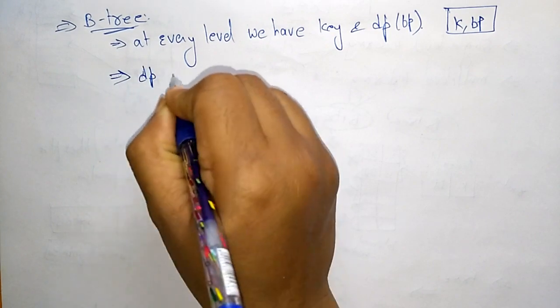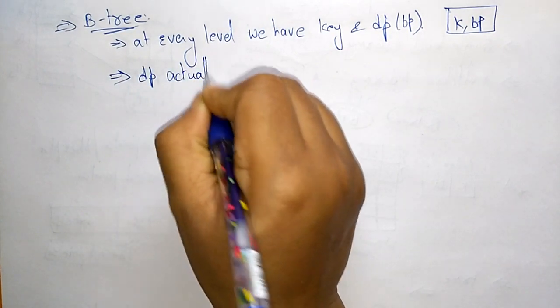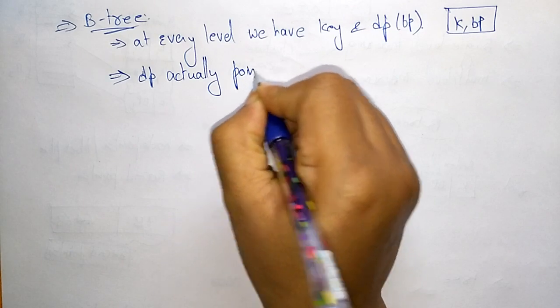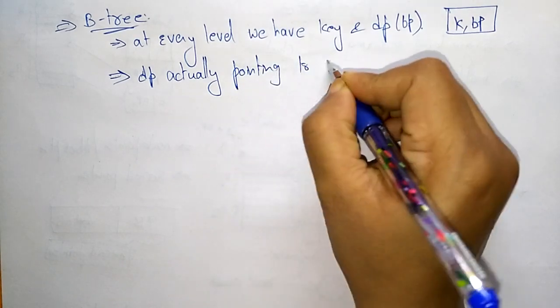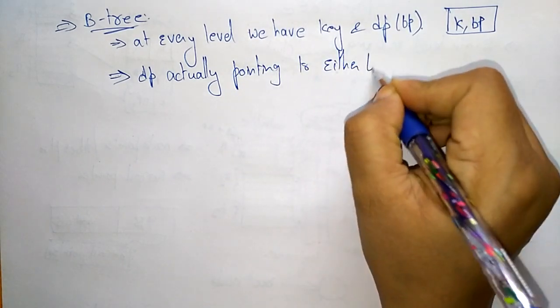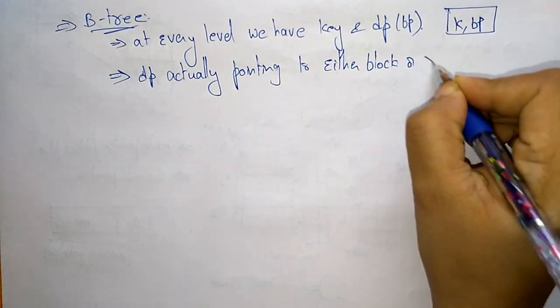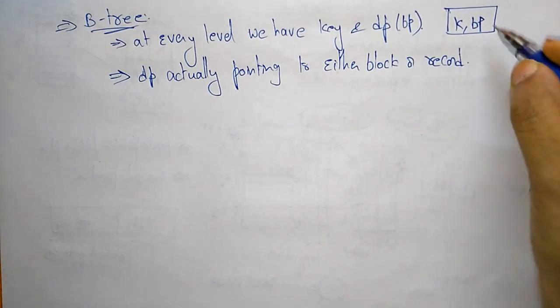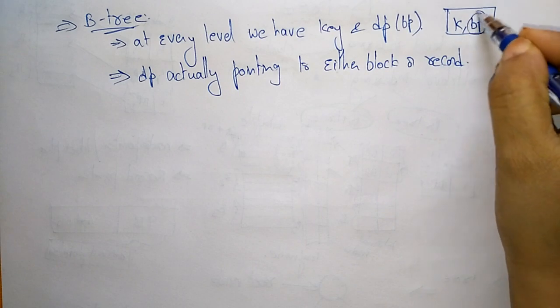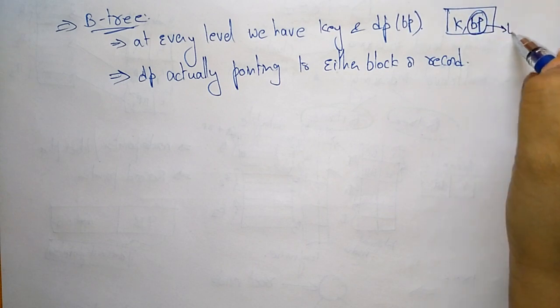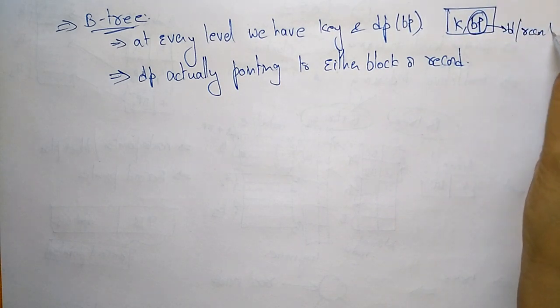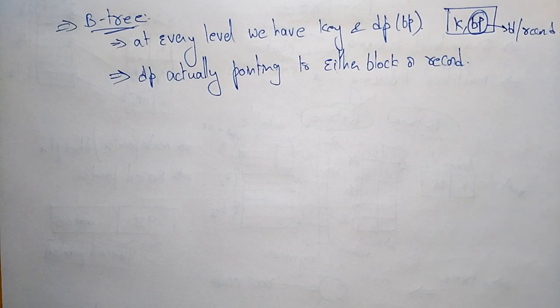Data pointer is actually pointing to either a block or a record. So whatever the data pointer that is present here, this points to the block or to the record. So these points you have to note: in a B tree, at every level we have key and block pointer.